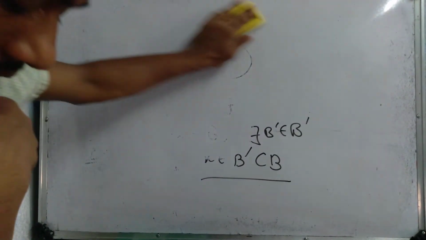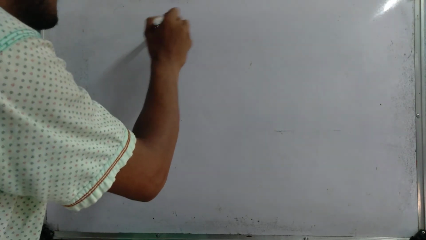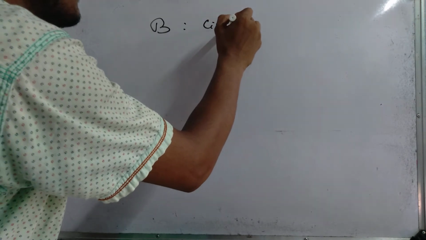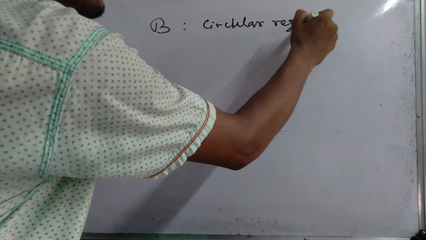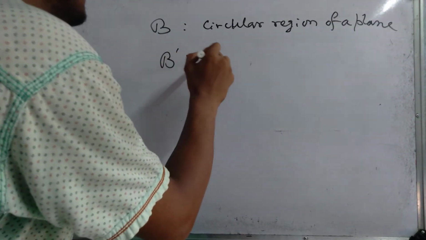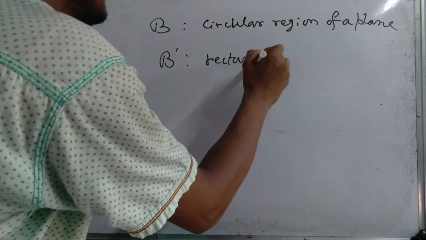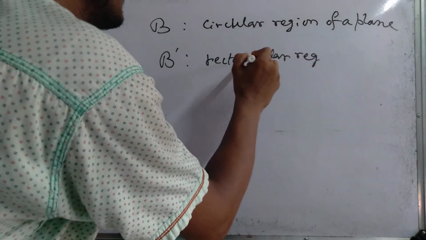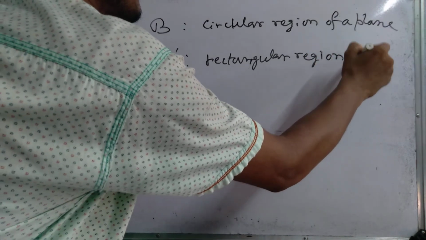Okay, now we proceed further with an example. This example is too easy. Same thing: circular regions and rectangular regions. We construct beta as the circular regions of a plane and beta dash as the rectangular regions of a plane.